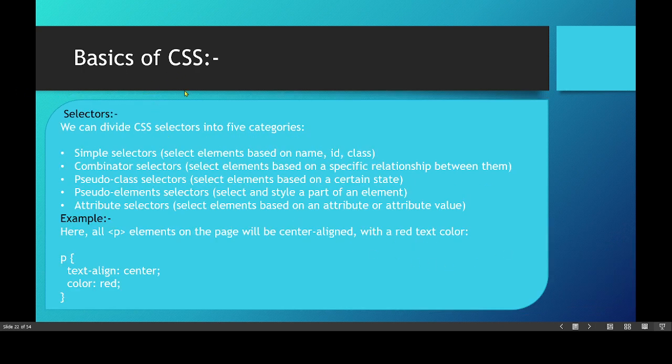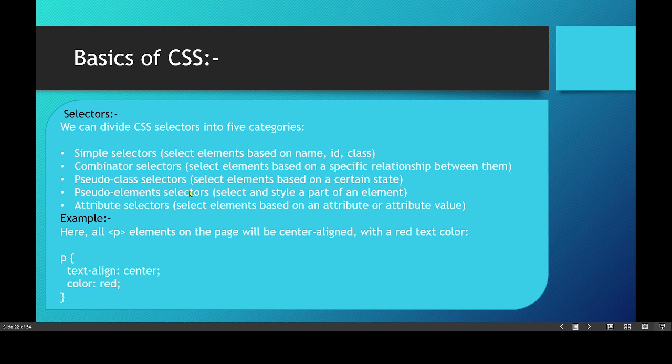Well, coming to the basics of CSS, another topic is selectors. We can divide CSS selectors into five categories. Simple selector selects the element based on name, ID, class, and the combinator selector, which we use for selecting elements based on the specific relationship between them. Pseudo class selector selects the element based on a certain state.